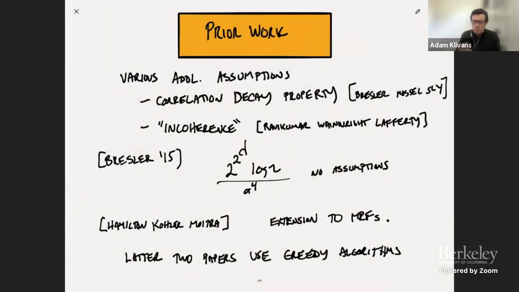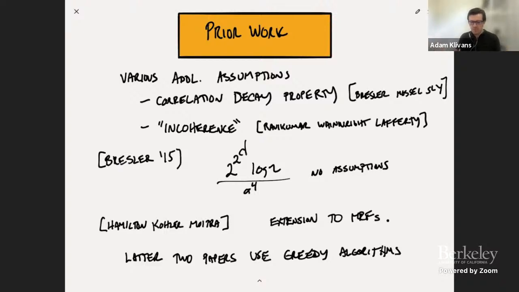Okay, so let me tell you about some other prior work for learning the dependency graph of a bounded degree Ising model. Typically what happened, about 15 years ago, is that various additional assumptions on the graph were taken. Two things I've brought up here: the correlation decay property, which measures how correlated your features are as their distance grows within the graph.